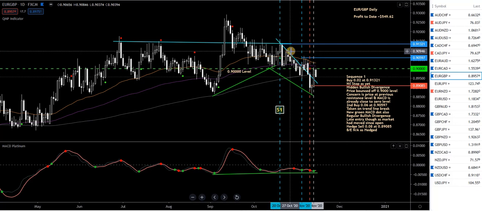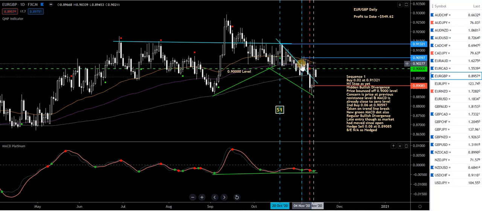Got a green dot on the MACD platinum below the zero level. I'd drawn this trend line in through here. Price had closed on the other side of the trend line. It moved up a fair bit, but I took a second buy. It's a high risk because I haven't got any cover to the downside, and I'm adding to my position to the upside. But if price then fell away again, gave this sell signal, so I took a hedge sell.